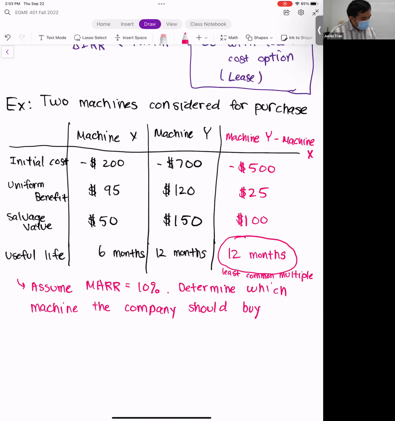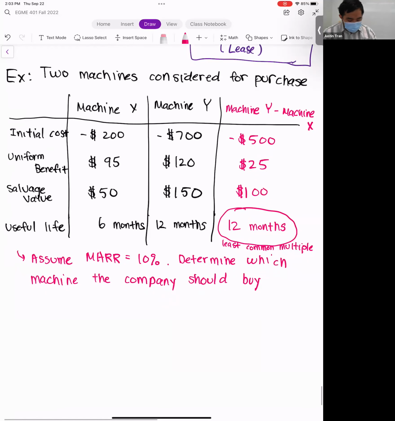Okay. And so let's go ahead and set this up. Just like we've done before, we're going to compute the net present worth and set it equal to 0.